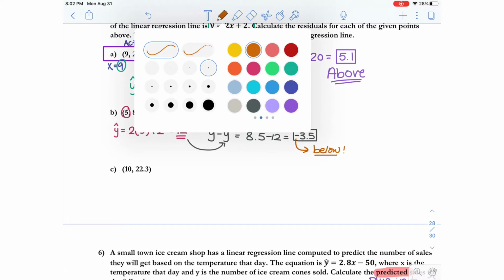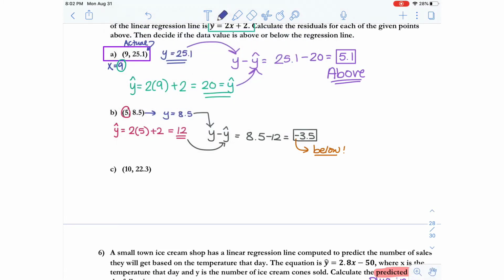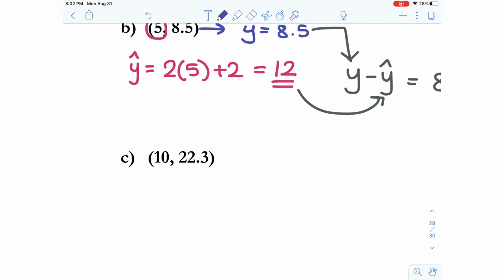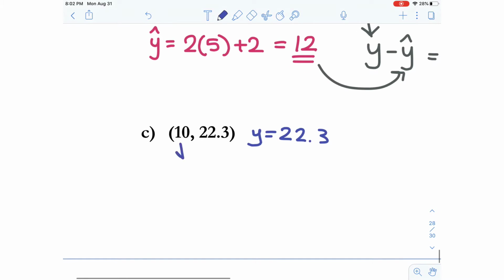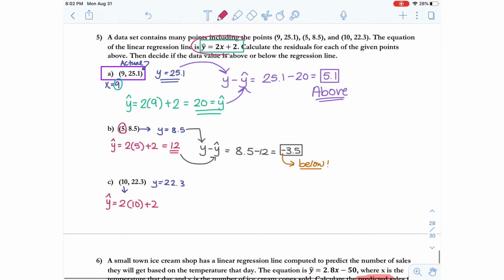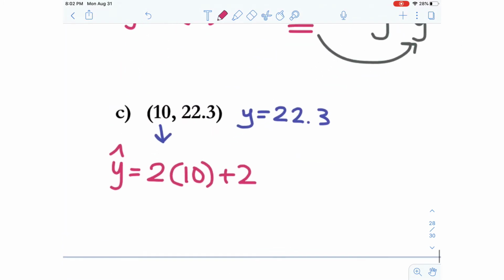All right, last but not least, we have 10 and then 22.3. My y value is going to be 22.3, and I'm going to plug in 10 to my y hat equation. y hat is going to be 2 times 10 plus 2. Again, I got that just from plugging into the equation they gave me.